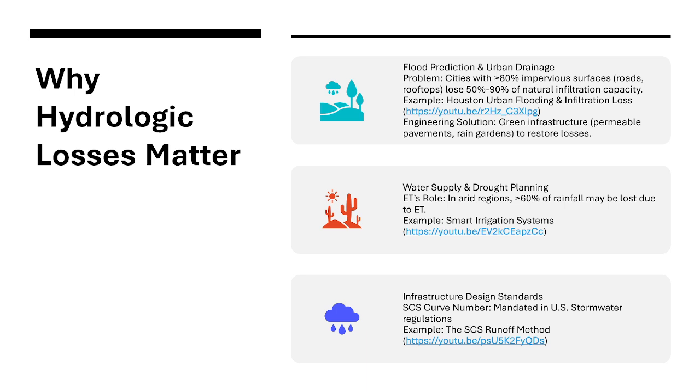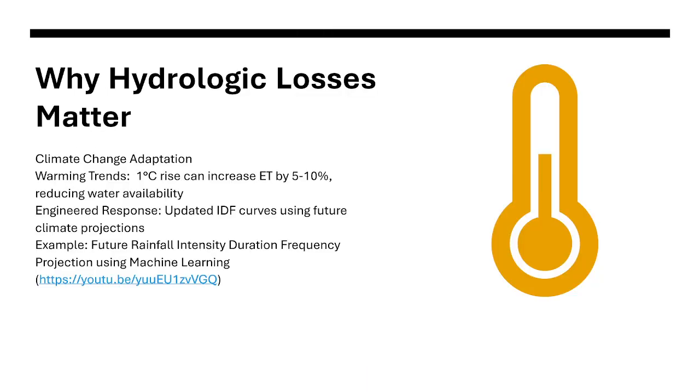Okay, there are now specific codes that are followed in some parts of the US in designing infrastructures. They are to account for hydrologic losses. Okay, so there is an example there. You can click it. Then we have your last.